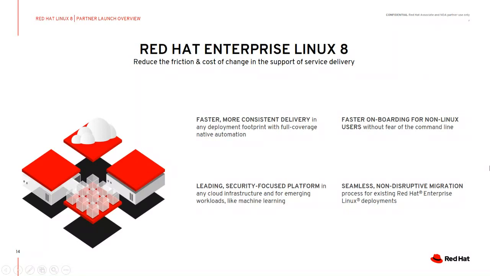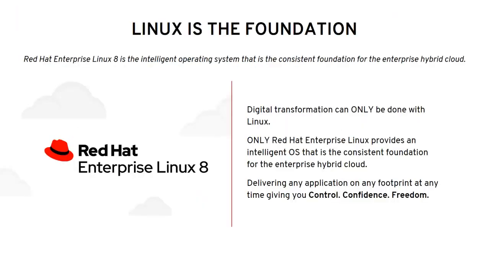So Red Hat Enterprise Linux 8, which, as we said in the previous slide, is providing complete control of your environment, providing confidence in your environment, and also providing complete freedom of choice for your application and the infrastructure.